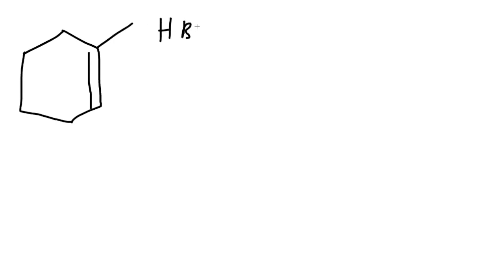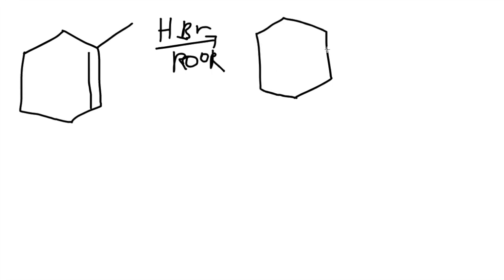Let's do another example. If we have this structure with the same reagents, with organic peroxide, the same thing goes here. Remove the double bond and add where the hydrogen would go here.